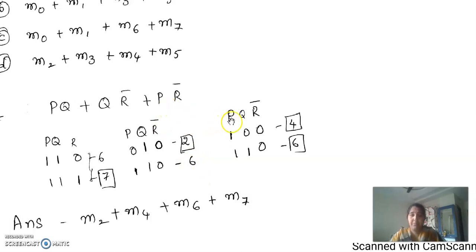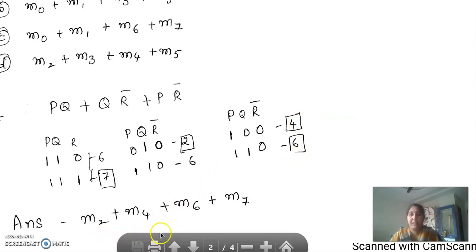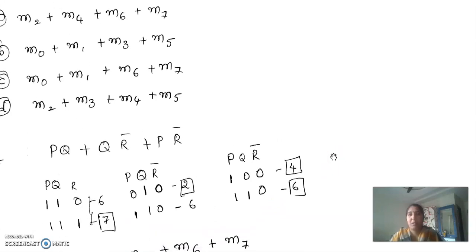Similarly, for the third term, p r', q is missing. For q you should take both values, so the combinations are 1, 0, 0 and 1, 1, 0, which represent the minterms 4 and 6. So the answer will be m2 plus m4 plus m6 plus m7, which represents the correct option.